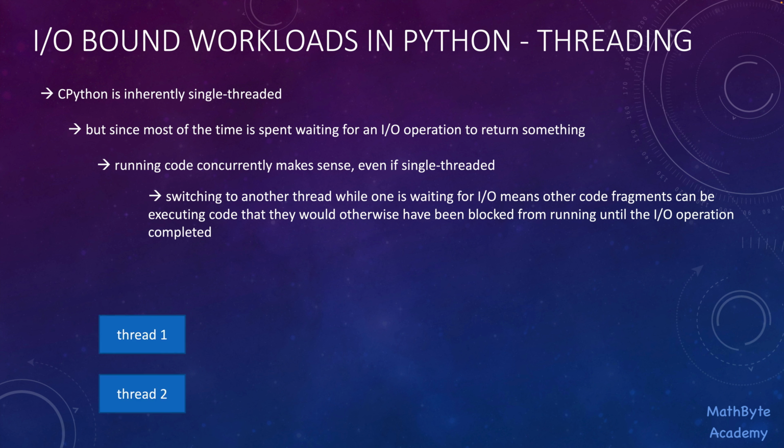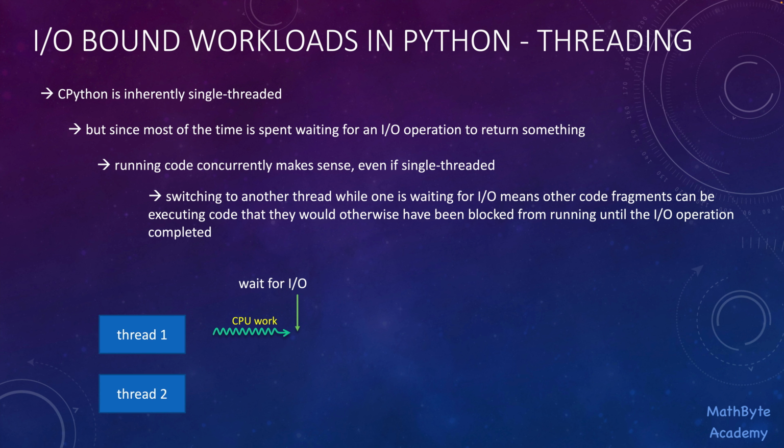So for example, let's say we have two threads, thread 1 and thread 2. Thread 1 starts doing some CPU work. It's running on the CPU, doing calculations. Now it makes a request for I/O, so it has to wait for this I/O operation to complete before it can continue its work.